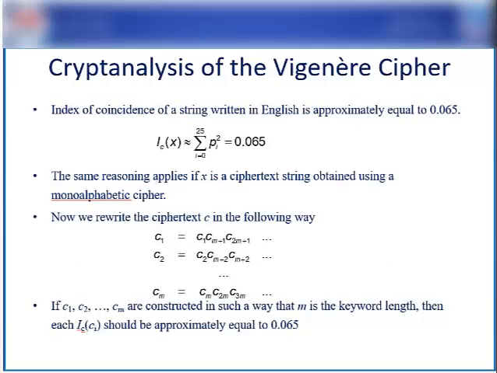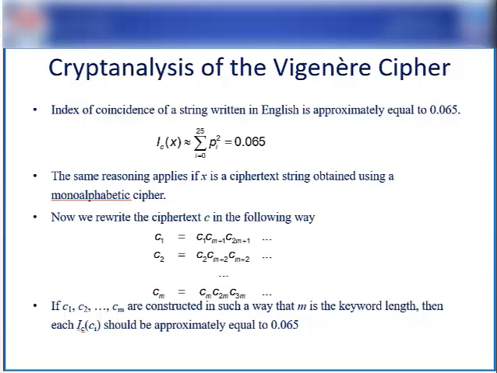The index of coincidence of a string written in English is approximately equal to 0.065. The same reasoning applies if X is a ciphertext string obtained using a monoalphabetic cipher. Moreover, by calculating the index of coincidence, we can find out what cipher was used to encrypt a given ciphertext.